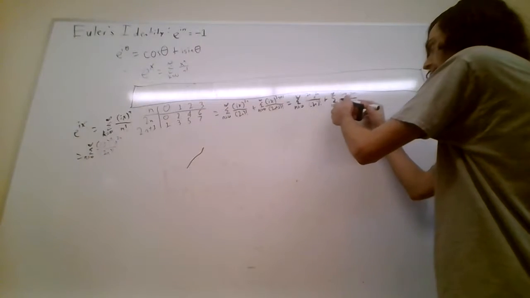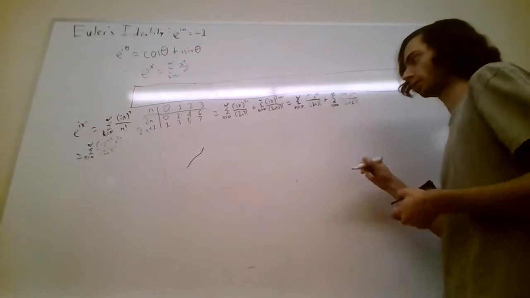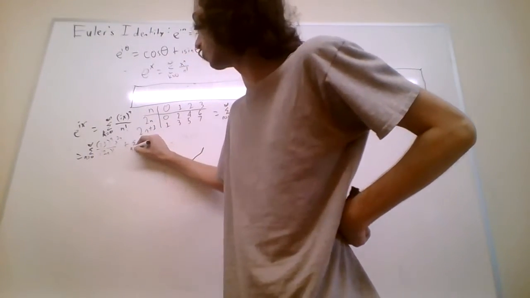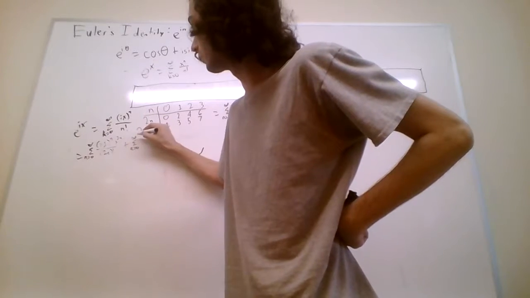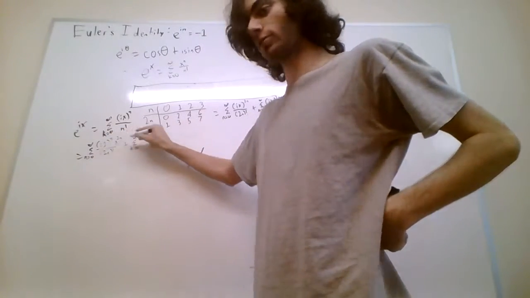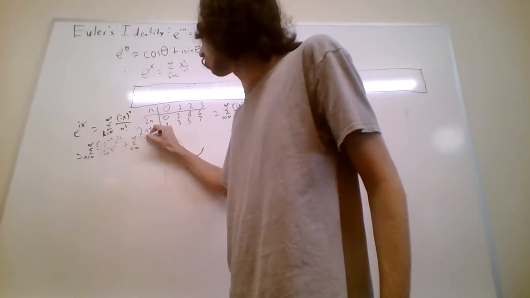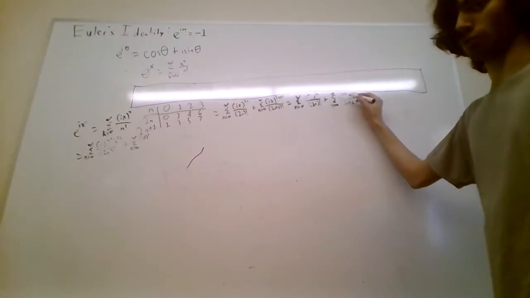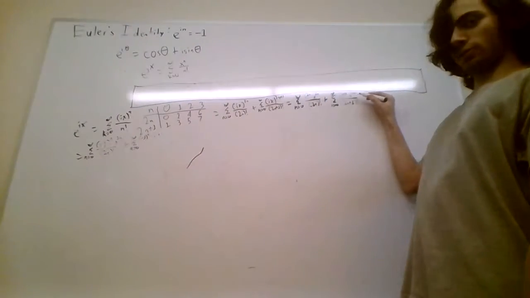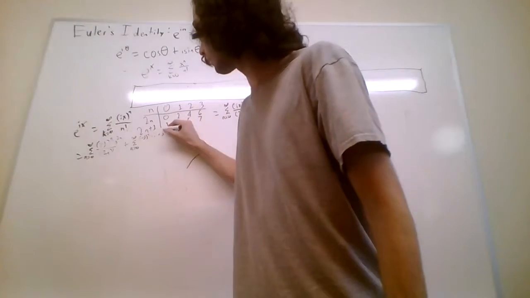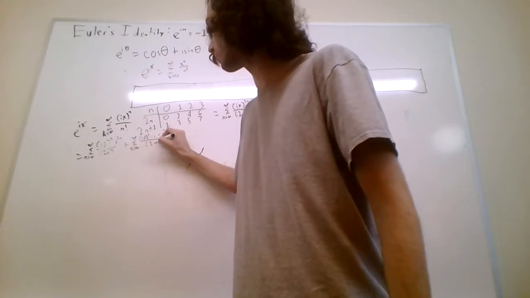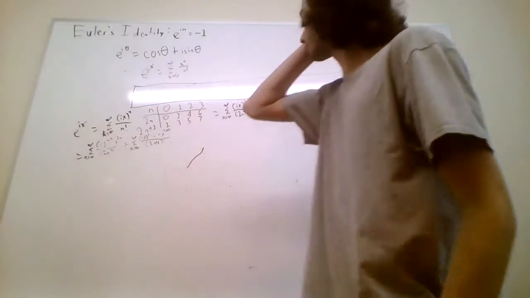So you'd have i to the 2n times i to the 1. So let's do that. Plus sum from n equals 0 to infinity of, so i to the 2n we already figured out is -1 to the n, times i to the 1, which is just i, times x to the 2n plus 1 over 2n plus 1 factorial.